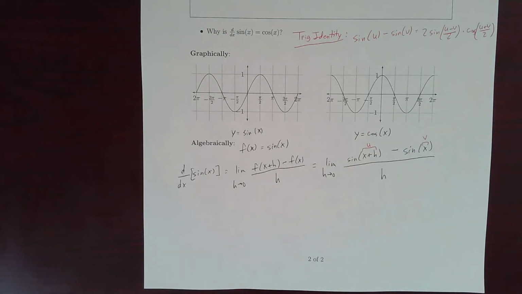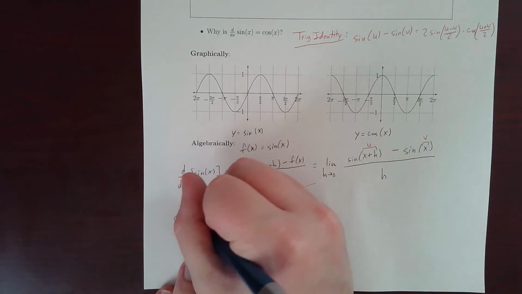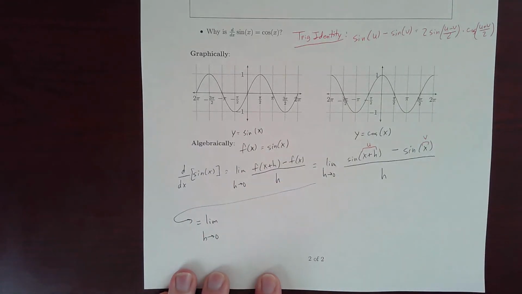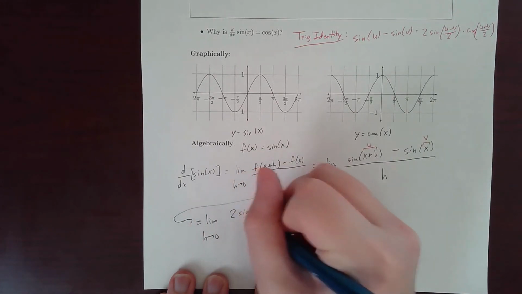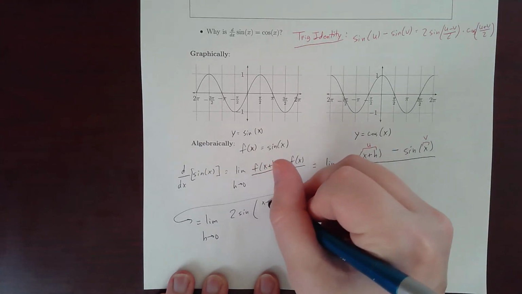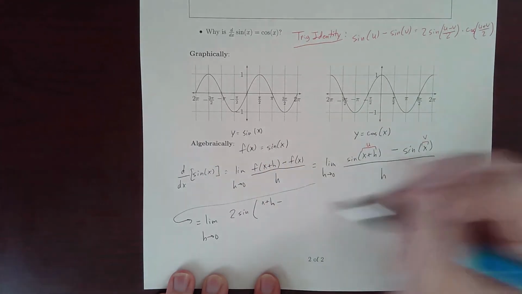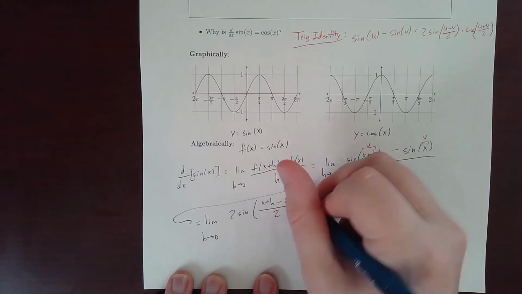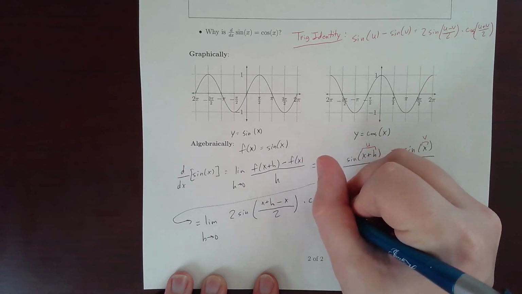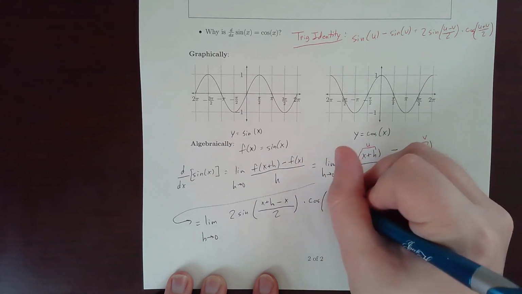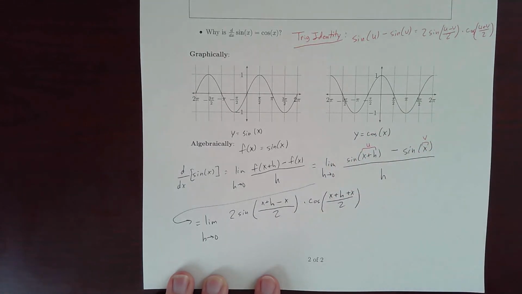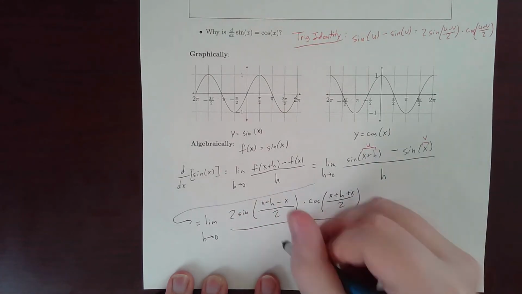It's kind of a weird formula, but if we try to apply it here, what we'll get is the limit as h approaches 0 of 2 times the sine of (x plus h minus x) over 2 times the cosine of (x plus h plus x) over 2, all over h.